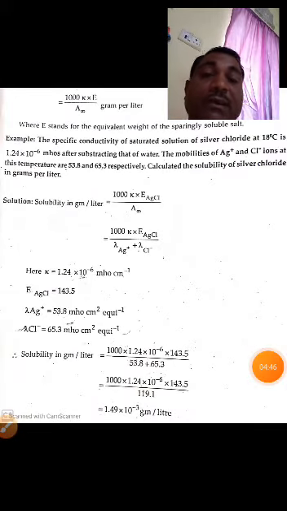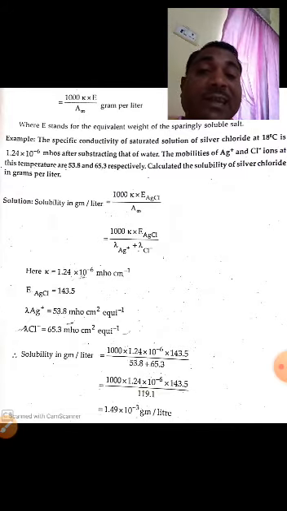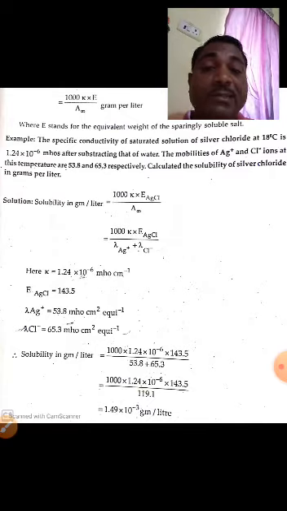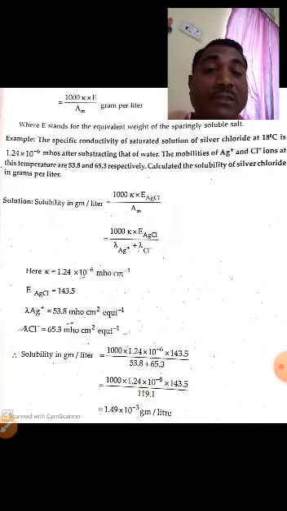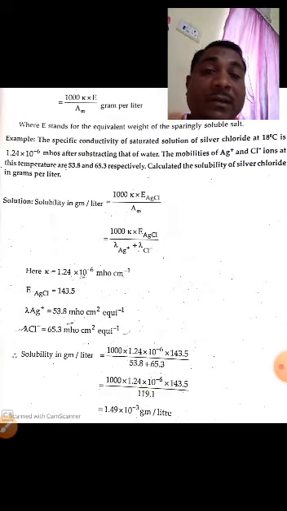This equation becomes 1000 into K into E divided by lambda infinity gram per liter, where E stands for the equivalent weight of the sparingly soluble salt. By using this formula, we can calculate the solubility of a weak electrolyte or some solute in a given solvent.